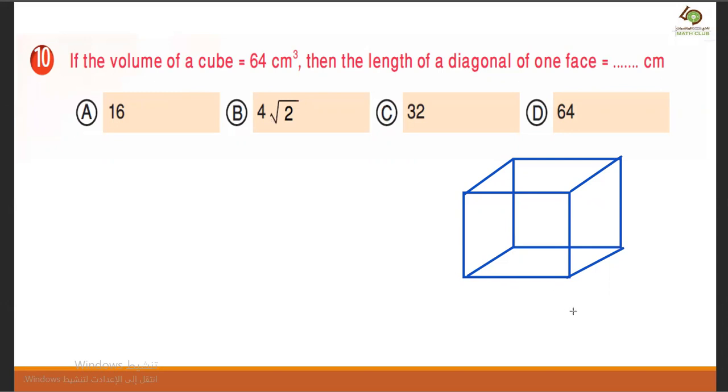Do you know how to find it? Okay, that's fine, but I want to find the length. It's easy to find the length. What is the length?